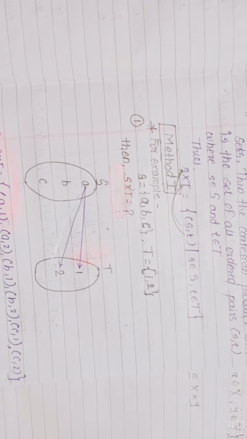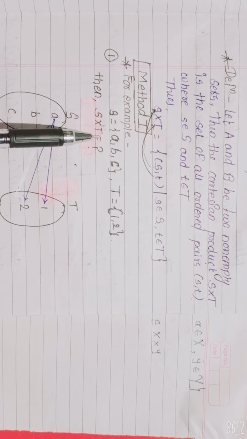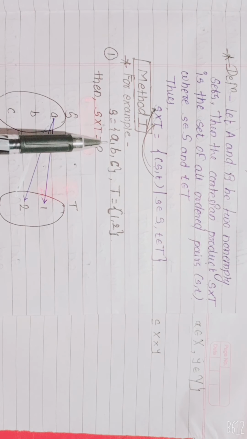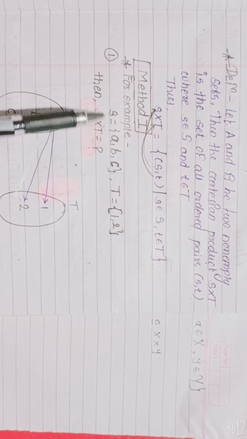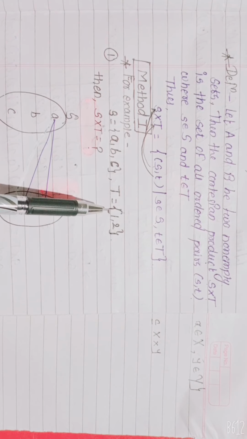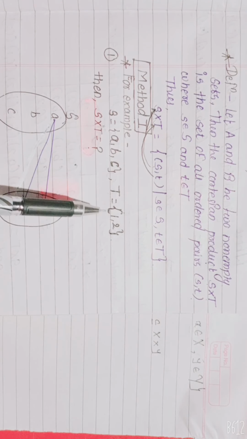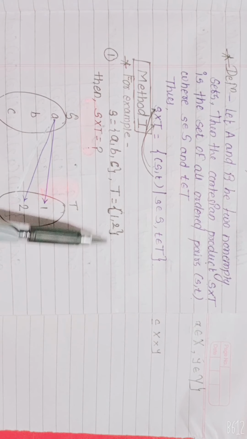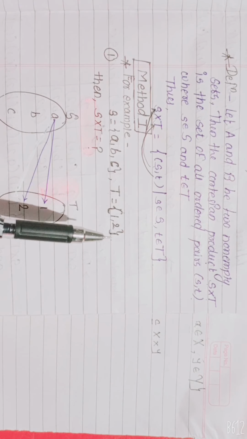Okay, for the first method, if they give us 2 sets, let S equal {a, b, c}, the set S containing the elements a, b, c, and the set T equal {1, 2}, that is, the set T containing the elements 1 and 2.